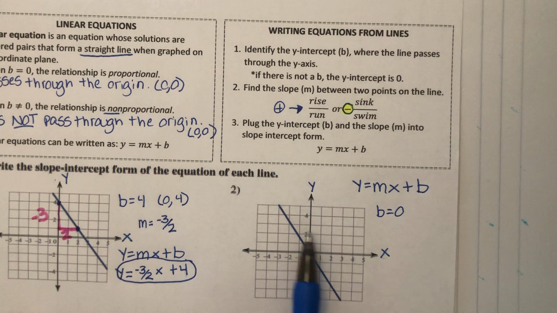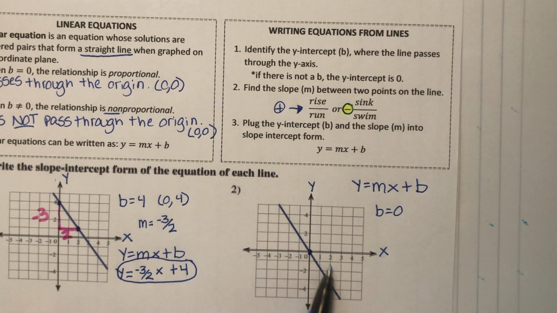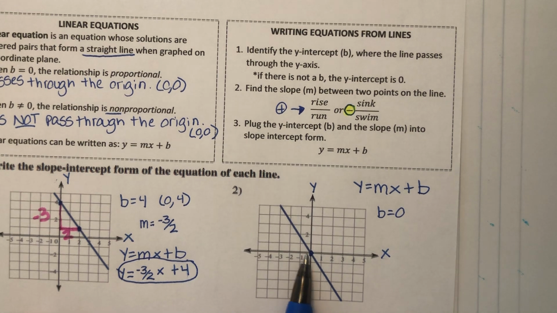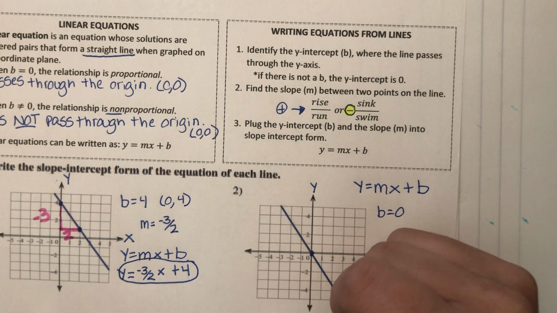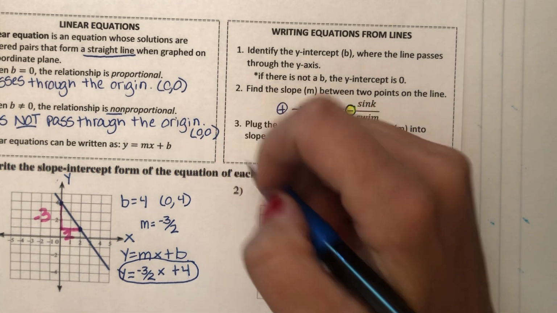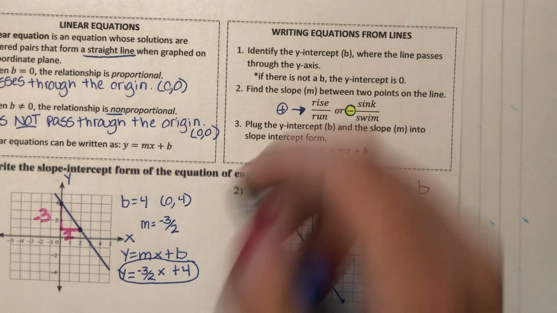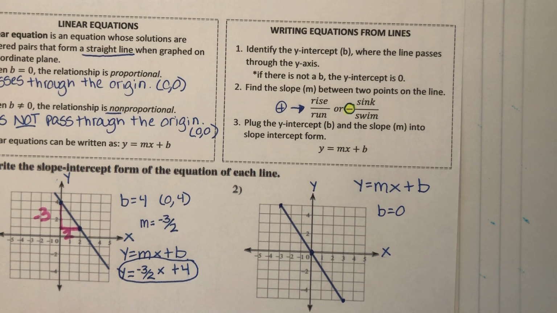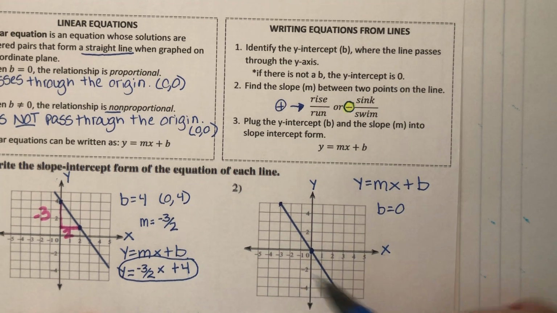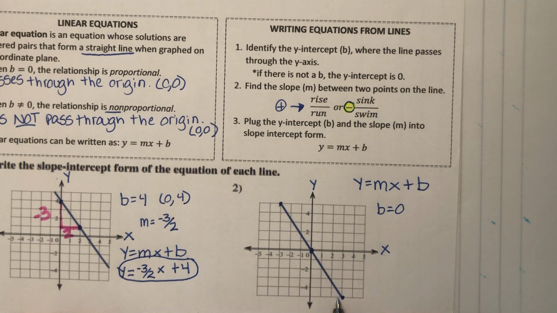And then I need to find the slope. Again, this is a negative slope. My line is going down. So I need to find another point. And I see another point right here. You may have seen this point up here. We can use any of these 2 points to calculate the slope. So just pick any 2. I'm going to pick these 2 right here.